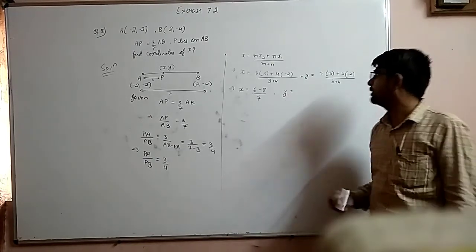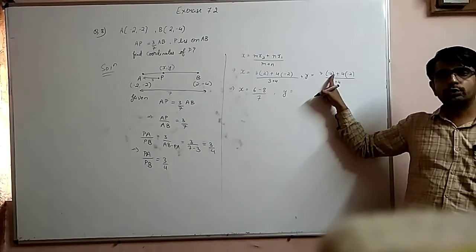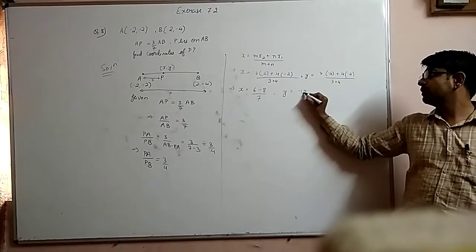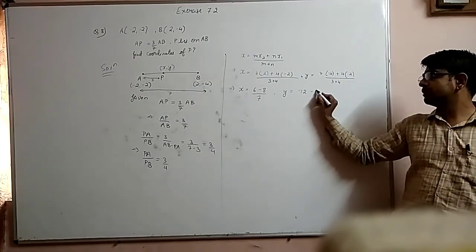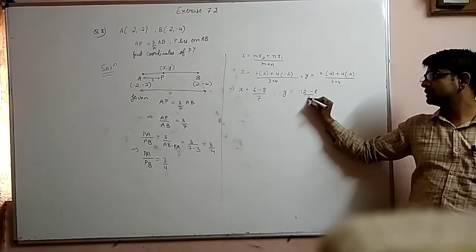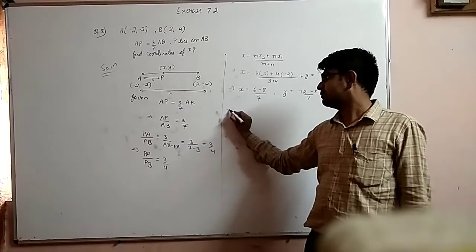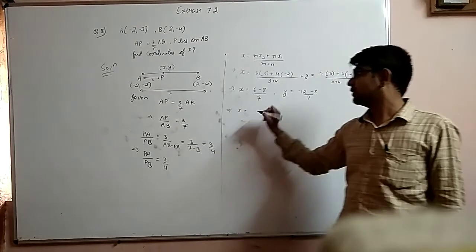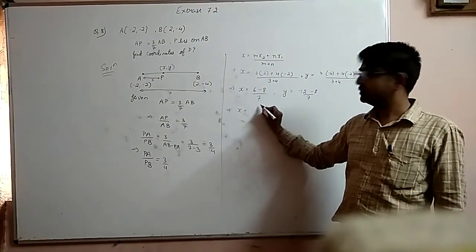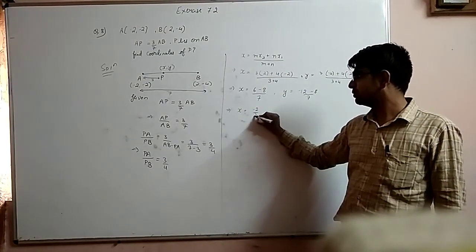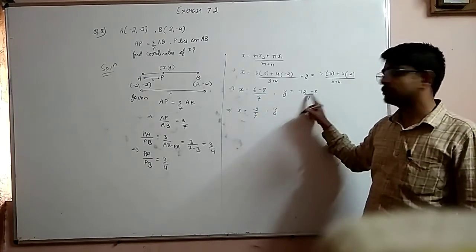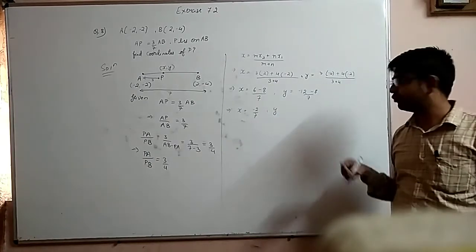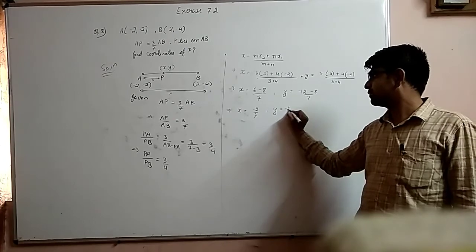And what will be y? So 3 into minus 4, minus 12. 4 into minus 2, minus 8, by 7. What will I get? 6 minus 8, minus 2. And minus 12 minus 8 is minus 20. So minus 20 by 7.